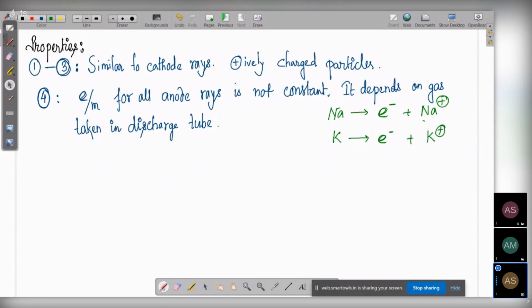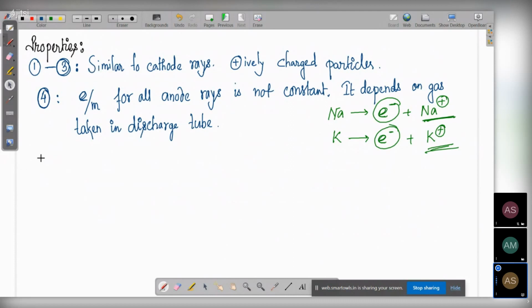So you see the positively charged particle is changing in both cases, which means the e by m ratio will also change. But the negatively charged particle is an electron in both cases. That's why the e by m ratio for cathode ray is a constant. But over here, as the atom has changed, the e by m ratio will also change.